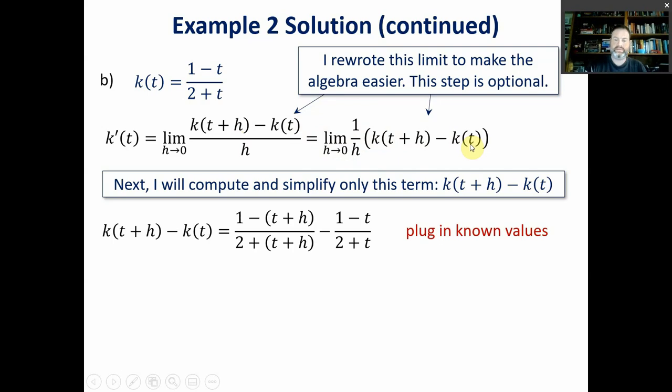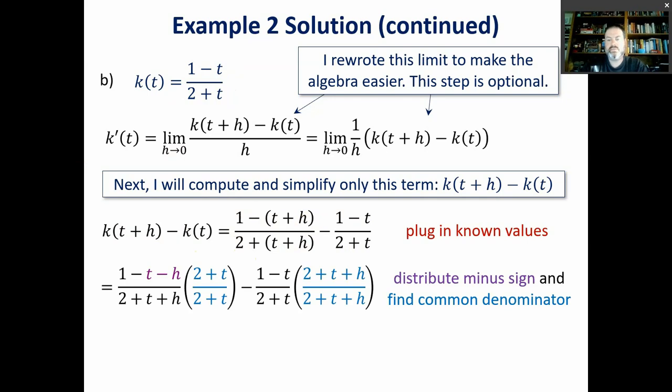Let's see what happens. So you plug in what you know, right? So k of t plus h is this with t plus h plugged in here. Minus k of t, so that's our original function. Now I have to simplify this thing. So I'm going to distribute this negative, and I have to get a common denominator. So I distribute this minus sign here, right?